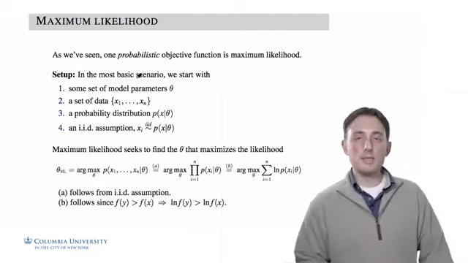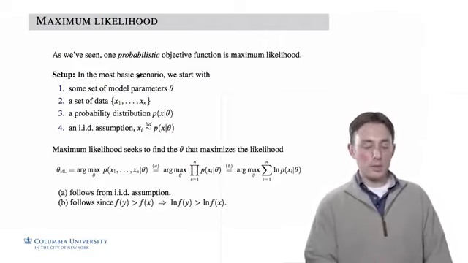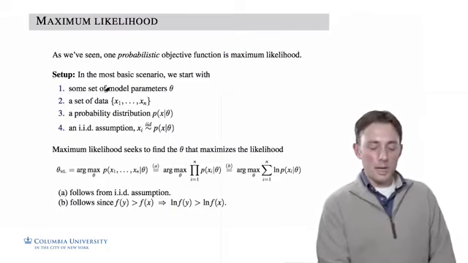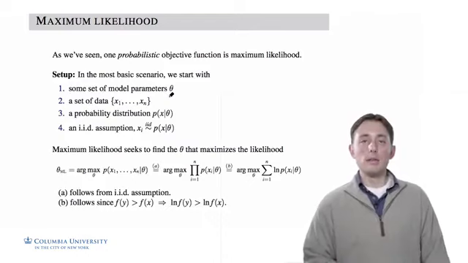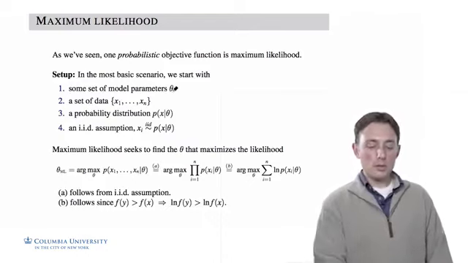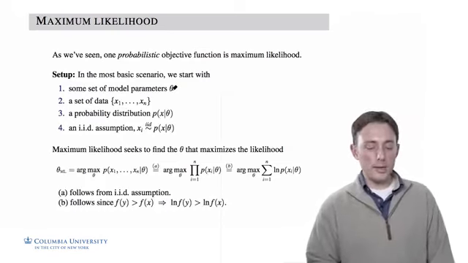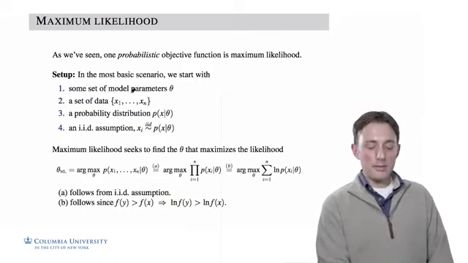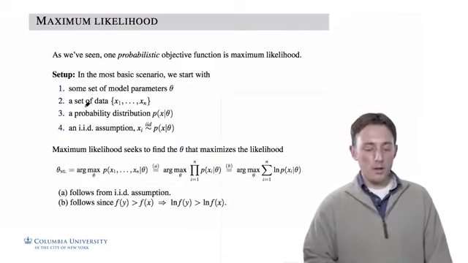So in the most basic scenario that we're going to work with today, we have this setup. We have some set of model parameters, theta. These are the parameters of our model. These parameters define a probability distribution on data, and we want to learn them. We also have a set of data, x1 through xn.